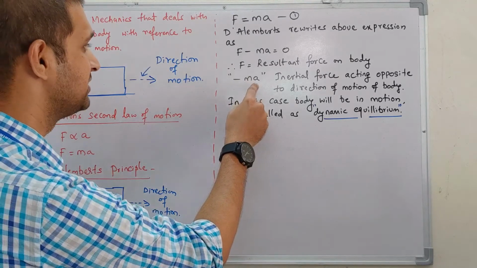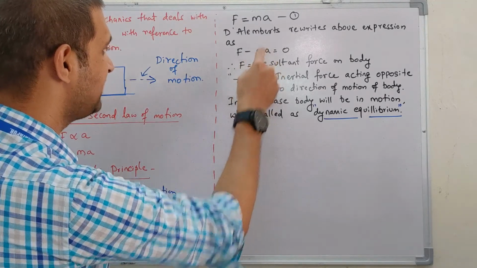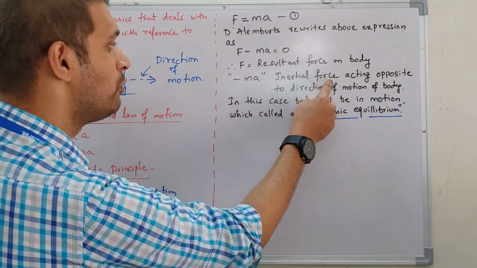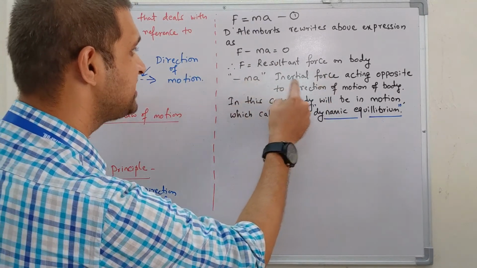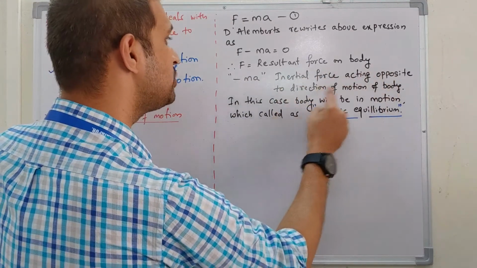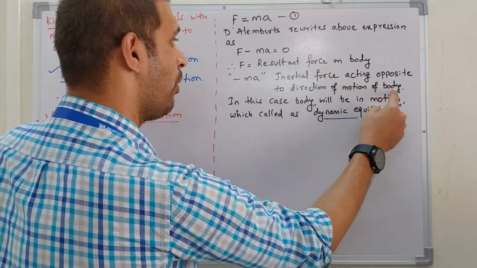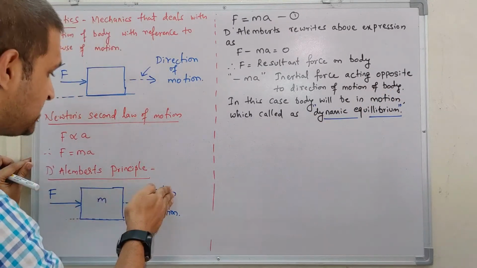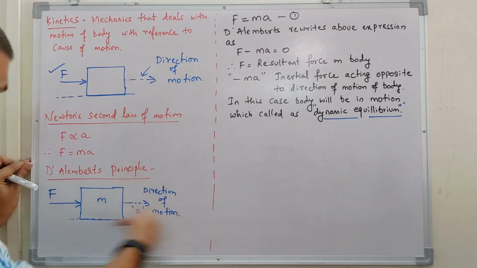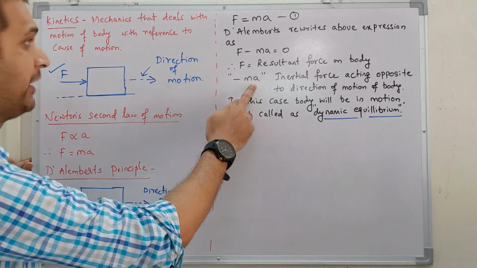D'Alembert says the same thing. Minus ma is the inertial or resistance force for the movement, acting opposite to the direction of motion of the body. If the body tends to move in this direction, minus ma is the inertial force acting within the body opposite to the direction of motion.